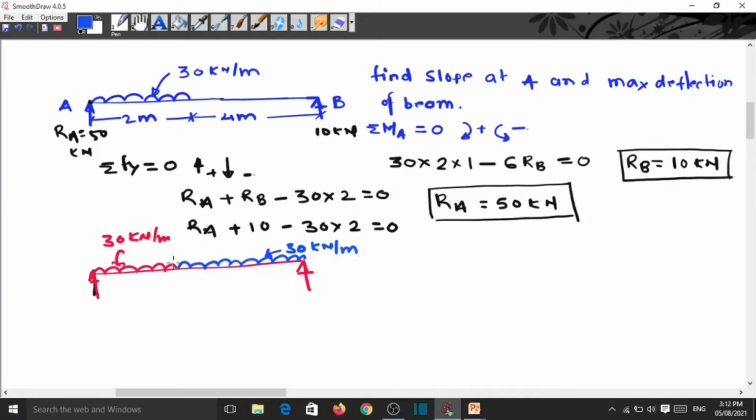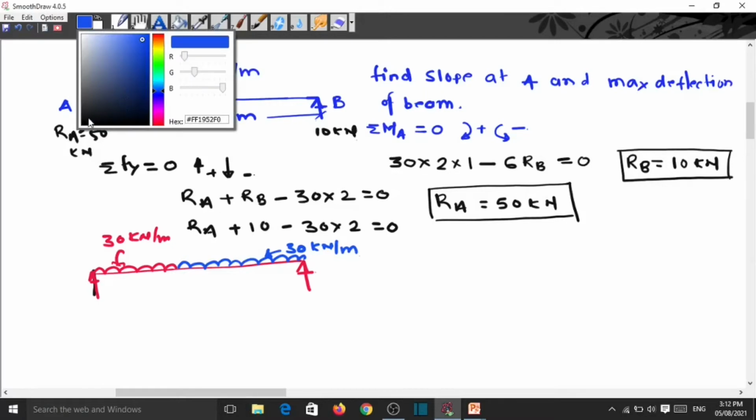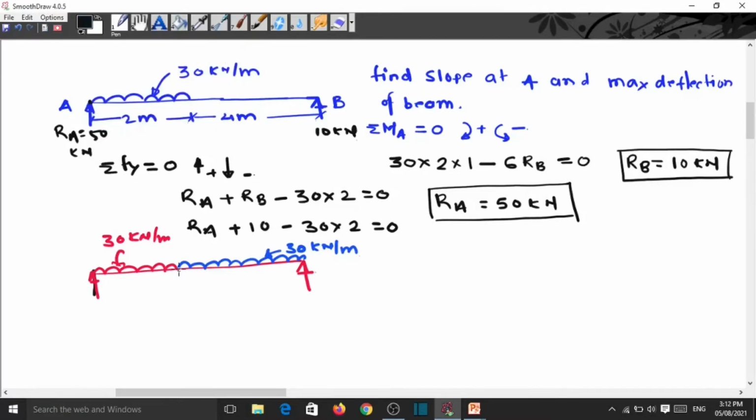So again we apply a vertically upward UDL, so that this UDL nullifies the load we have extended. We know this length is 2 meters and this length is 4 meters.